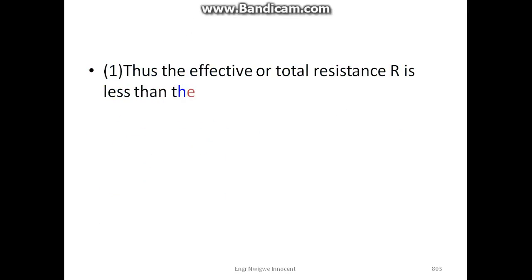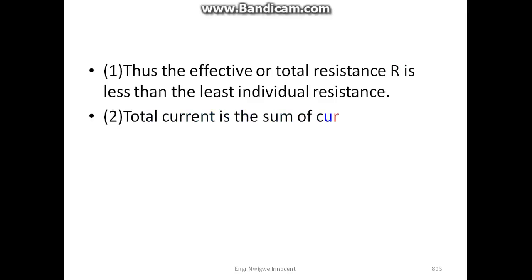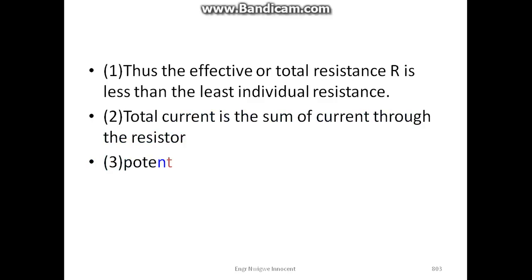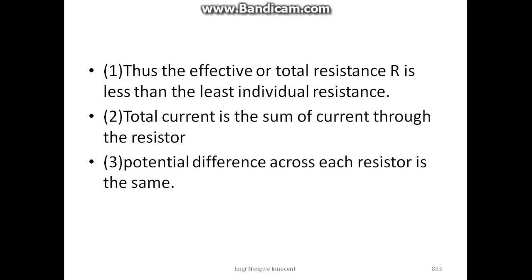One, the total effective resistance R is less than the least individual resistance. 2. The total current is the sum of currents through the resistors. 3. Potential difference across each resistor is the same.